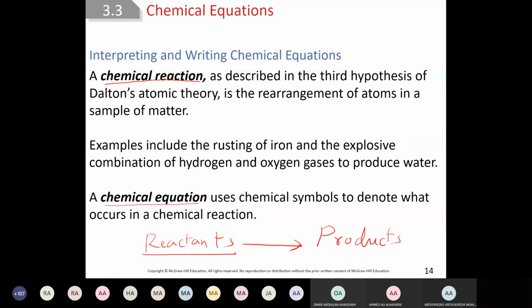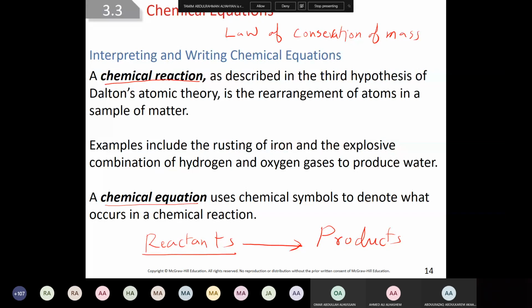Now, by the law of conservation of mass. What's the law of conservation of mass? The mass of reactants must equal the mass of products. This means any atom that's available here must be available in the same amount here.